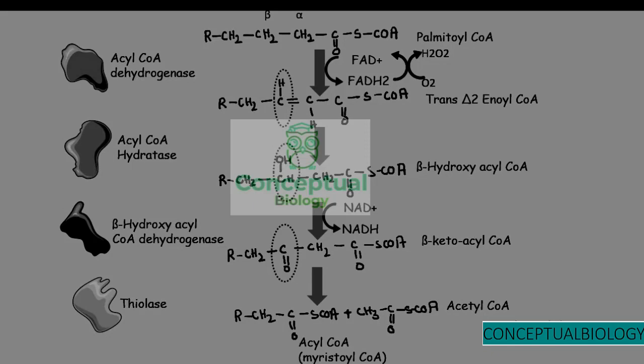Rather, it is utilized to reduce oxygen into hydrogen peroxide, and that's how peroxisomes produce hydrogen peroxide. And for peroxisome to produce hydrogen peroxide, beta oxidation is super important. So now we can appreciate the same process in two different organelles and how they are different in a certain aspect.